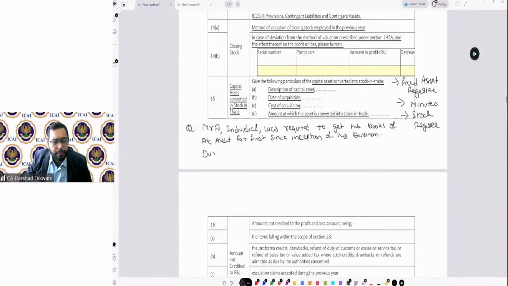During the year, Mr. A converted his capital asset, that is plant and machinery, into stock in trade.